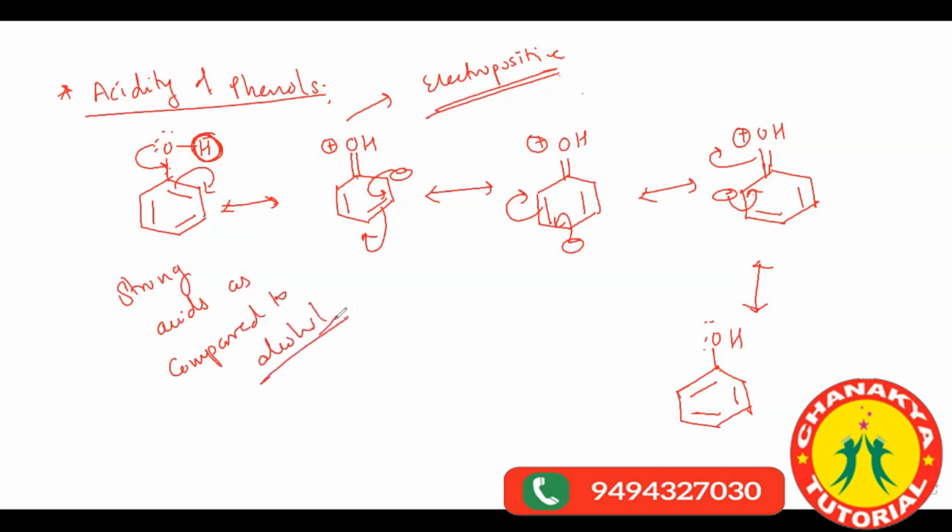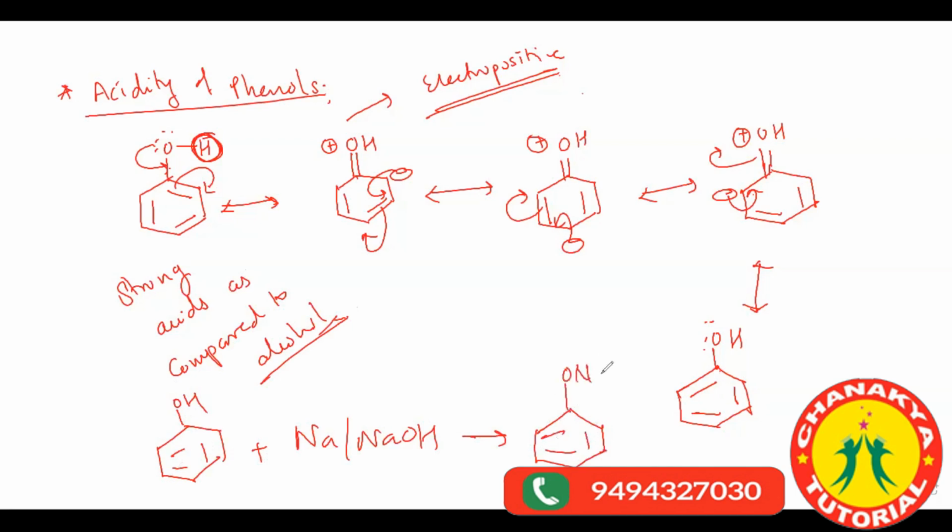There are two reasons for that. First one is what? When you take the phenols, they will react easily with metals, either Na or NaOH, right? Metal or metal hydroxides. And it will form your phenoxide ions, not alkoxide. This we have already seen in the reactions, right?